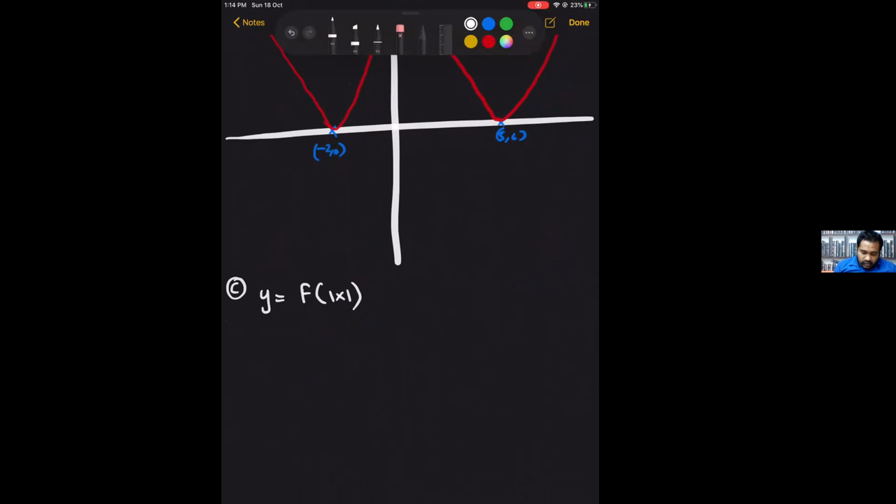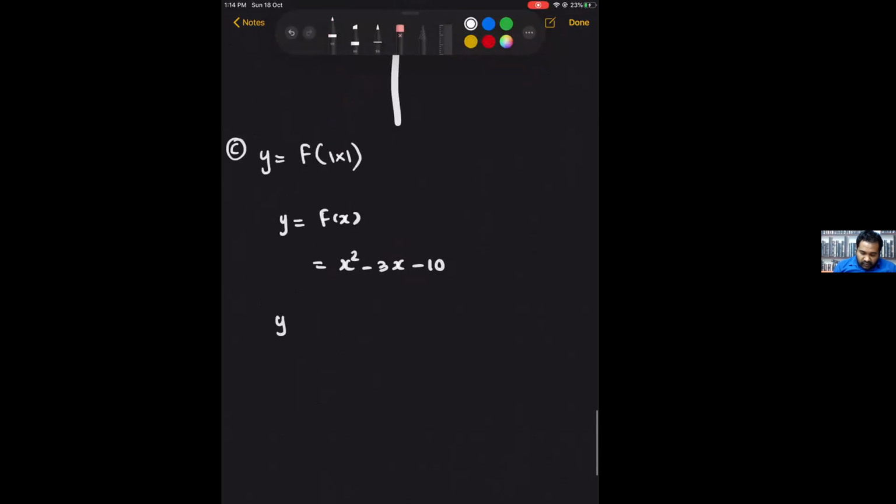What is f of x? x square minus 3x minus 10, right? Then y is equal to f of modulus of x. So that means every value of x is replaced with the modulus of x: modulus of x square minus 3 into modulus of x minus 10, right?